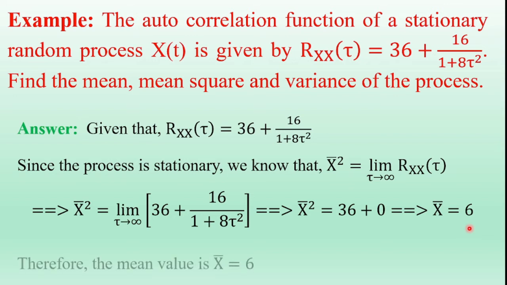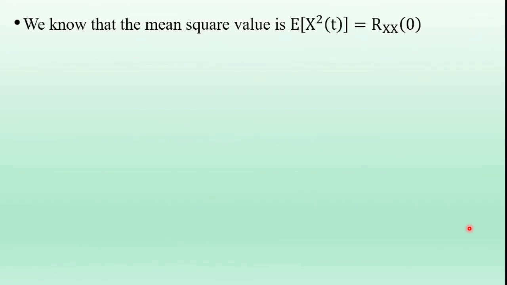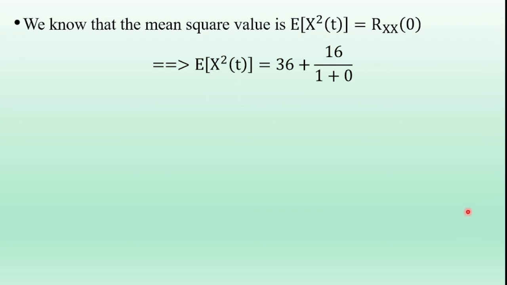Next, find out the mean square value. We know that using properties of the autocorrelation function, expectation of x square of t is Rxx of 0. In the given Rxx of tau, substitute tau is equal to 0, and we get the expectation of x square of t. The autocorrelation function is 36 plus 16 by 1 plus 8 tau square.